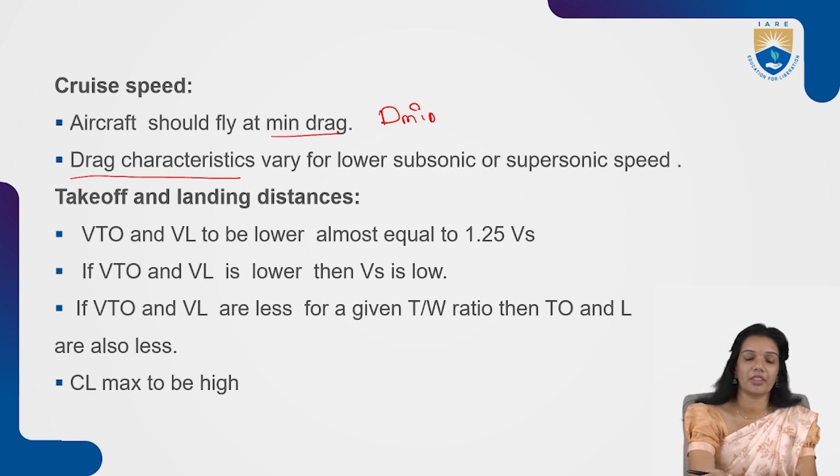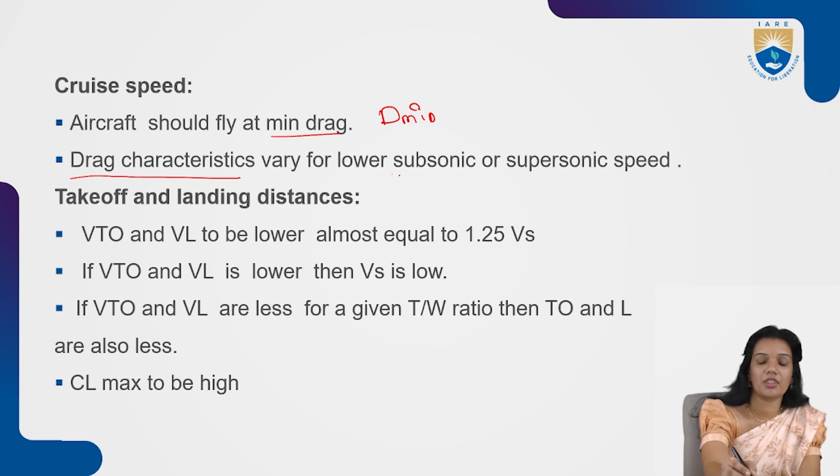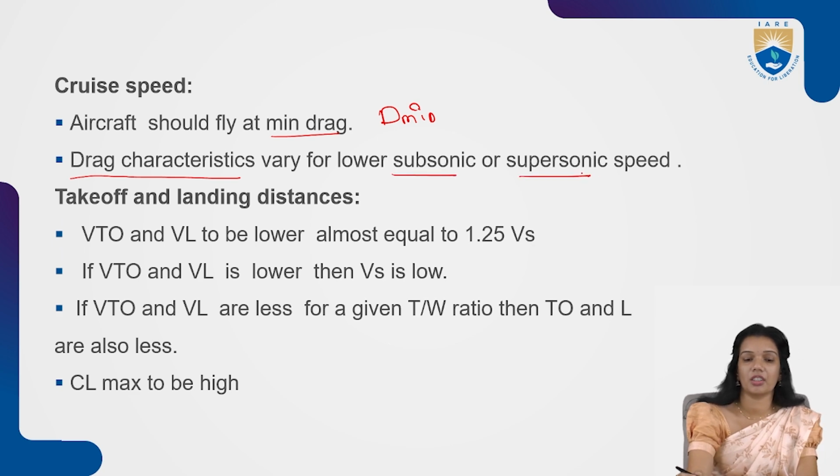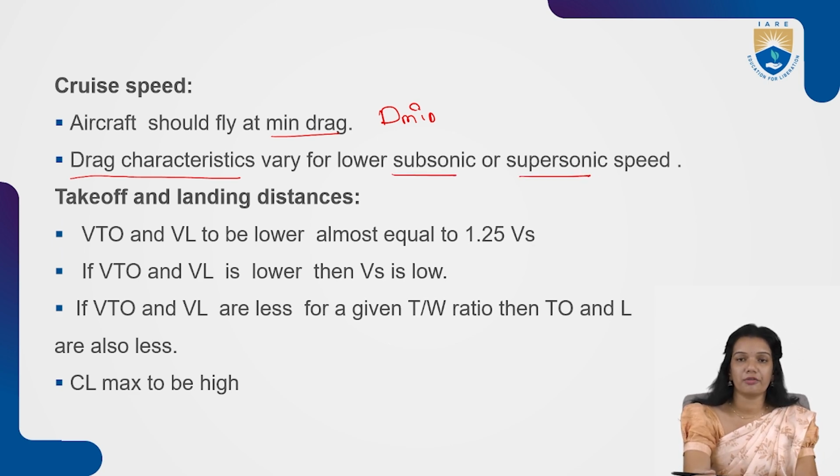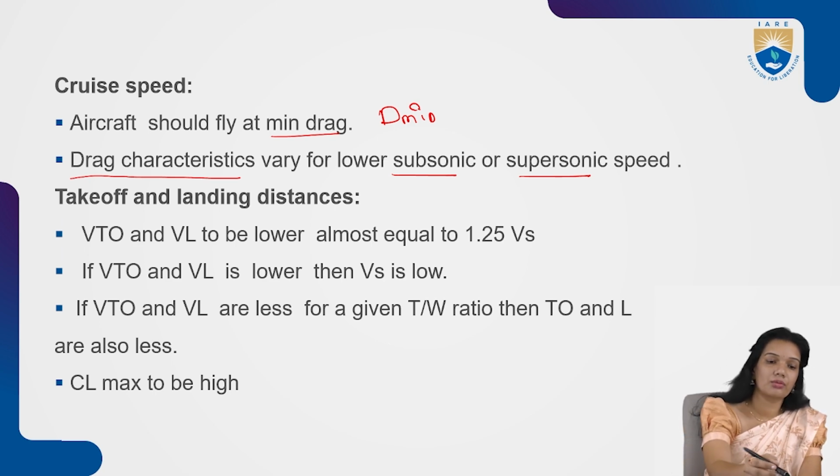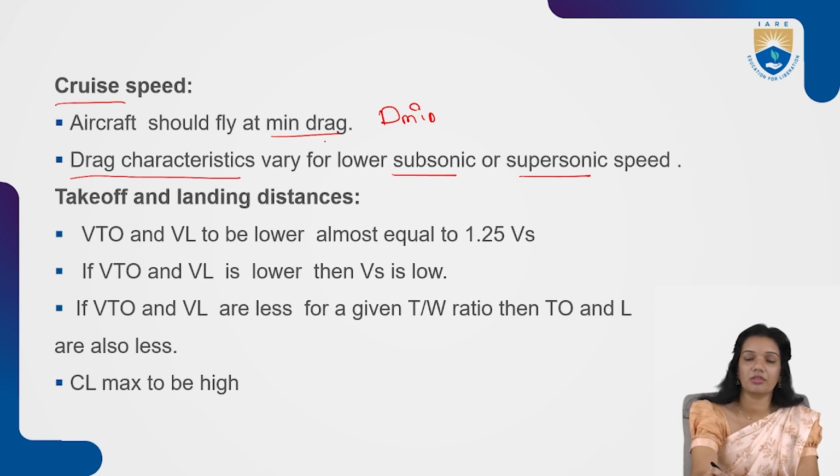It varies with respect to different flight regimes, subsonic and supersonic. So when I am designing an airfoil, I look into its cruise speed, which again depends on its minimum drag, D minimum. Drag is going to vary, so it is very important for me to check that particular parameter.